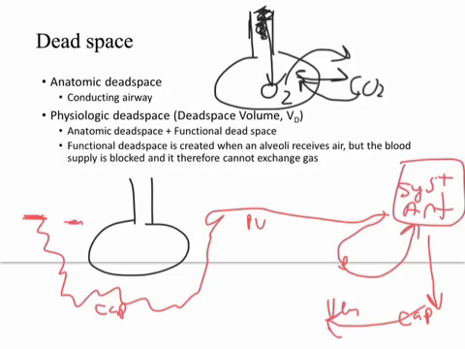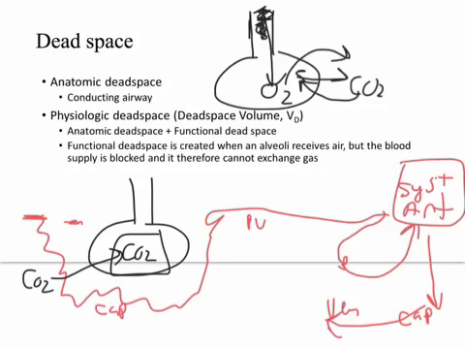And so the CO2 from the tissues comes into the lungs, and then it exchanges with the air. So there's a whole bunch of CO2 out here, and some of it moves into the alveoli. And I want to know how much moved into the alveoli.